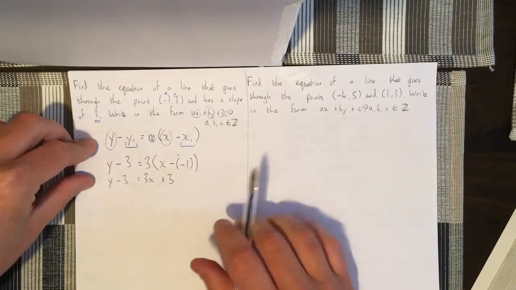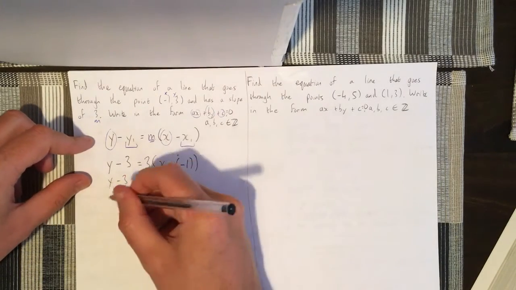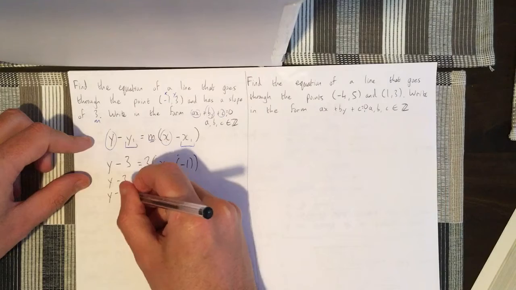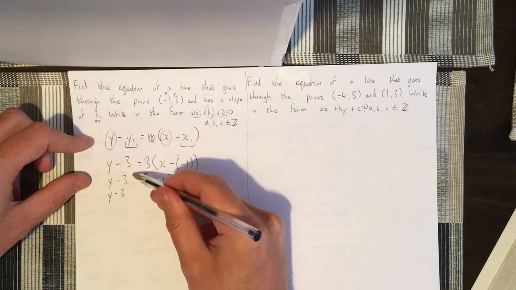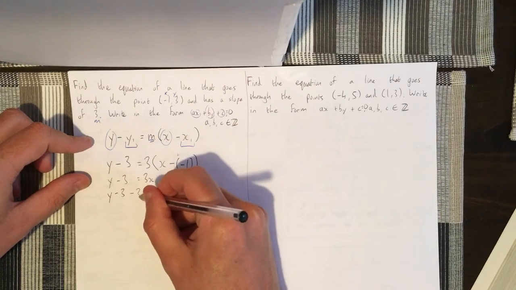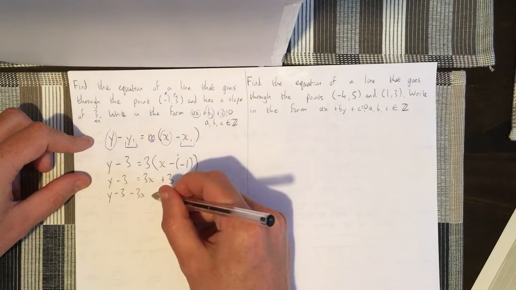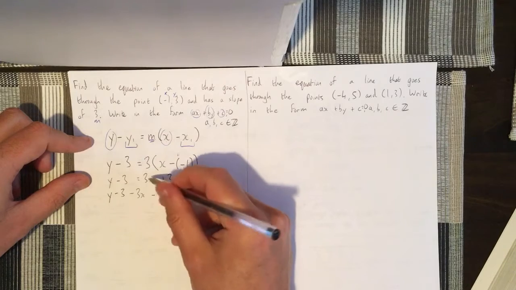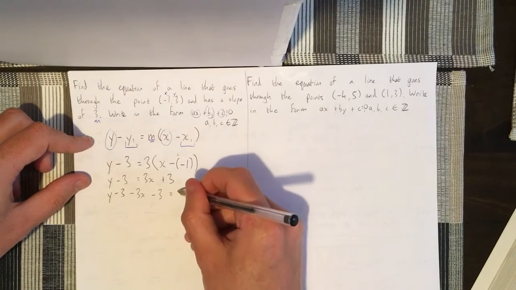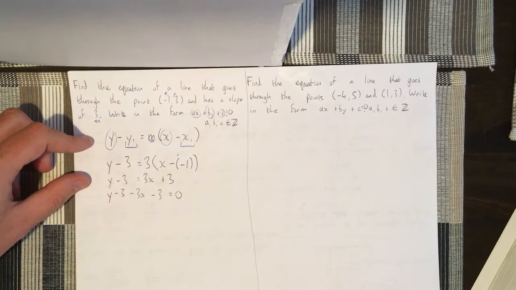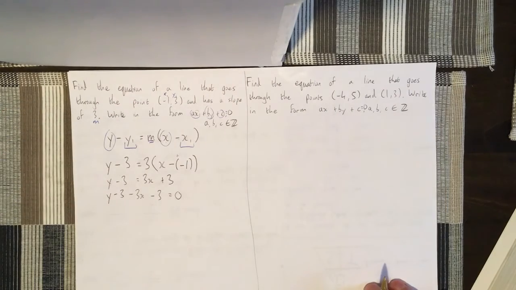All right. So my y minus 3 are already on the left-hand side, so I'm going to leave those. 3x, I'm going to move over and it becomes minus 3x. Plus 3, I'm going to move over and it becomes minus 3. And then I've moved everything from the right-hand side, so I've got nothing left or 0 left on the right-hand side.